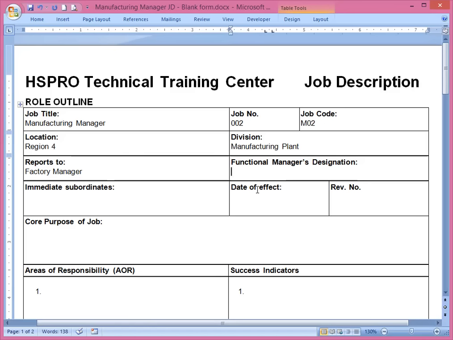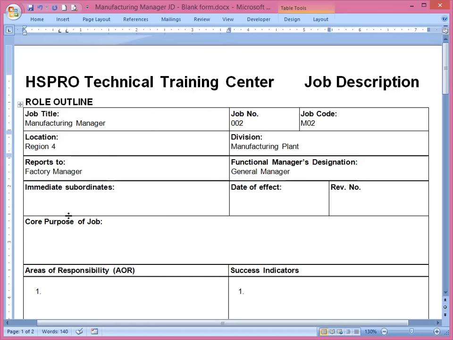So functional manager's designation would be the GM, general manager. Maybe general manager of operations where the manufacturing belongs to.